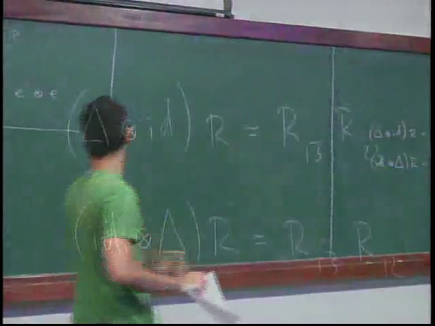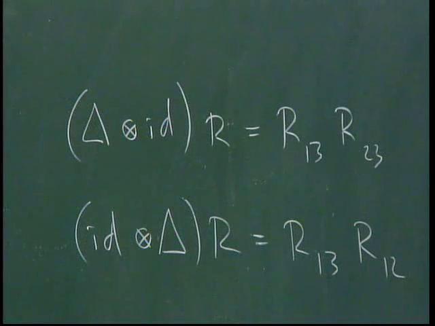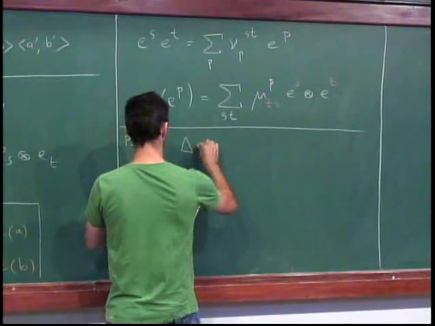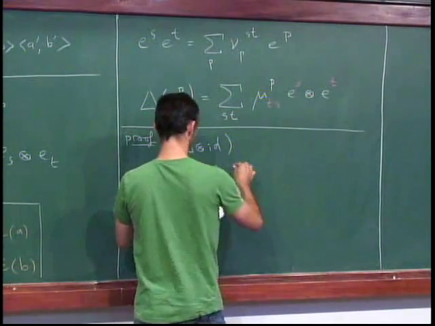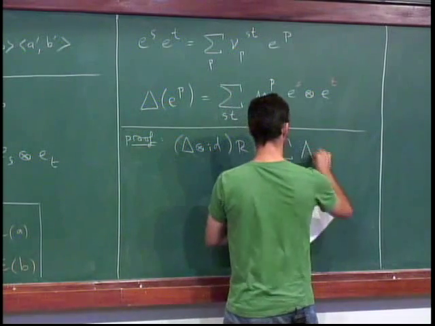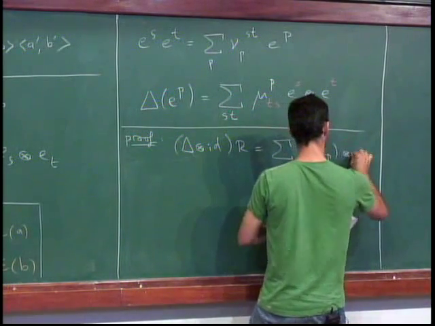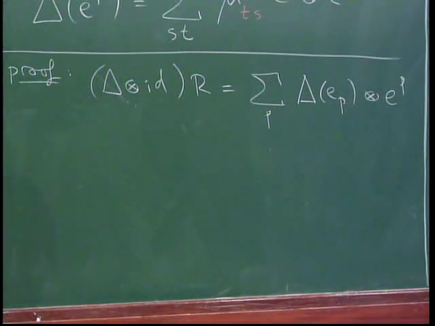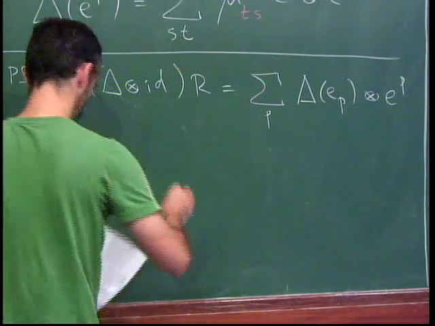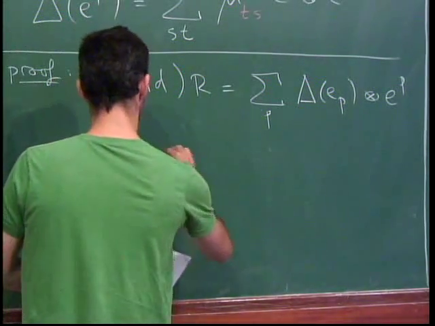But anyways, let me start with the first one. Well, I put in the definition of the R matrix. We get that expression. Now I put the definition of the coproduct. I get a summation over three things now.